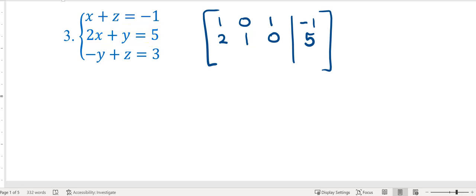And for the last equation, I don't have any x's, so 0x minus 1y plus 1z equals 3. Hopefully you got that. Don't forget about the placeholders.